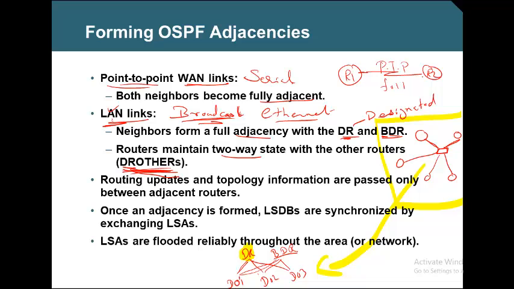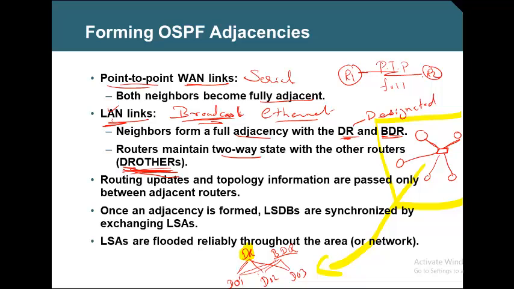When we increase the priority bigger than the default, that router becomes DR. So here, this router is a DR router because of high priority. The maximum priority you can give is 255. The default priority is 1 on all the routers.